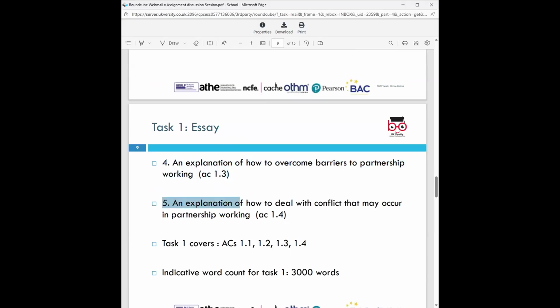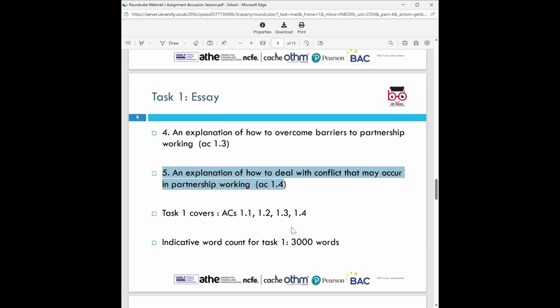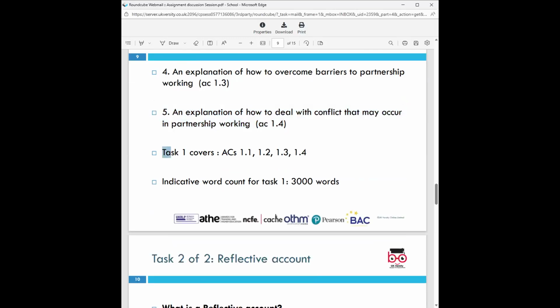All right. The 5th part is an explanation of how to deal with conflict that may occur, and that's AC 1.4, okay? So this task 1, it covers learning outcome 1, okay? Okay. It covers 1.1, 1.2, 1.3, and 1.4.